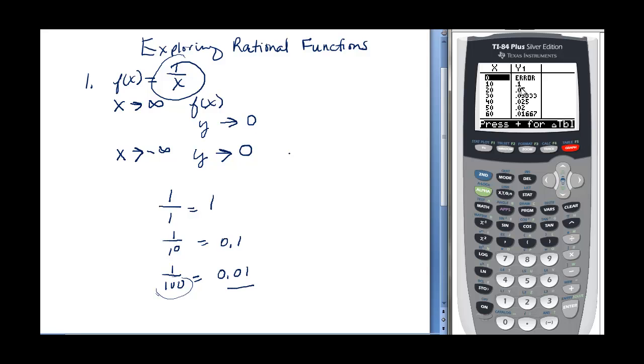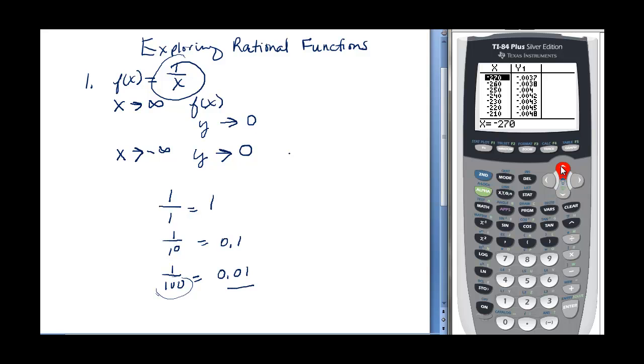Here again, as I see my x values grow, my y values are getting closer and closer to 0. And that's true as I go to positive infinity, and it's also true, let me start my table set back at 0 and then go back into my table, as we go to negative infinity, except we're approaching 0 on the negative side.